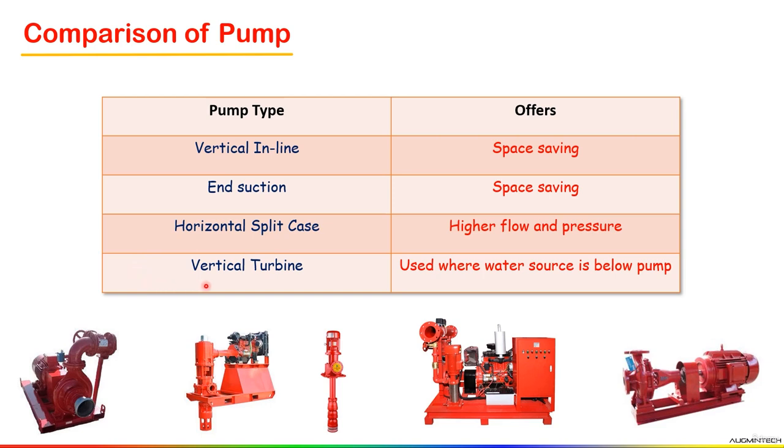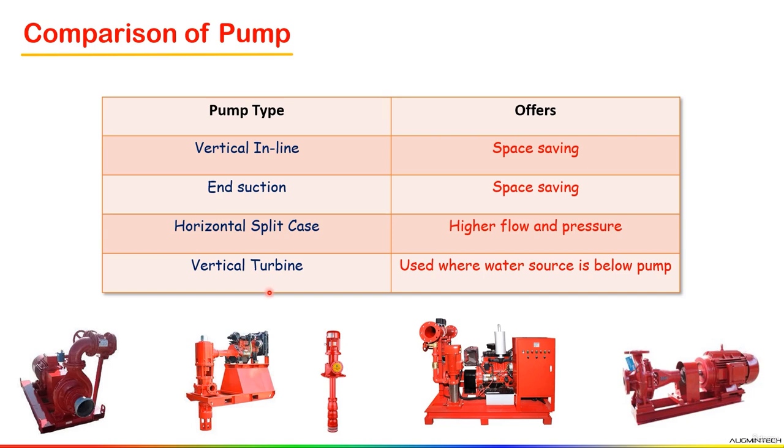Now remember, where do we have to use the vertical turbine pump? Anywhere you cannot use this pump. Suppose you have a compact space and you have to install the pump; at that time you can select the vertical inline, but you cannot use the vertical turbine, because only in that area where the water source is below the pump do you have to use the vertical turbine pump.